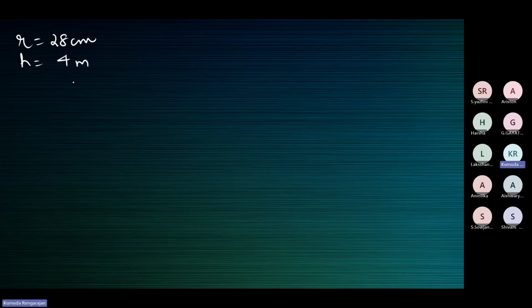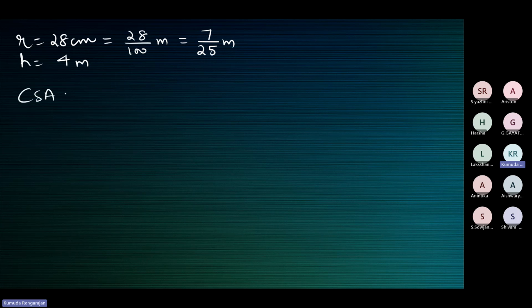What I just explained is this. 28 centimeters is equal to 28 by 100 meters. On simplifying, using the tables of 4, 4 sevens are 28, 4 twenty-fives are 100, so we get 7 by 25 meters. And height is 4 meters.